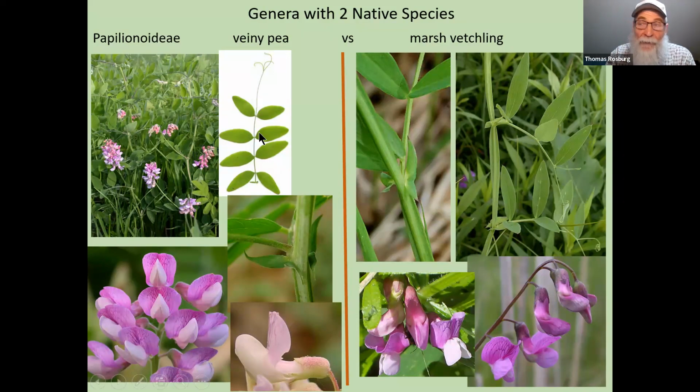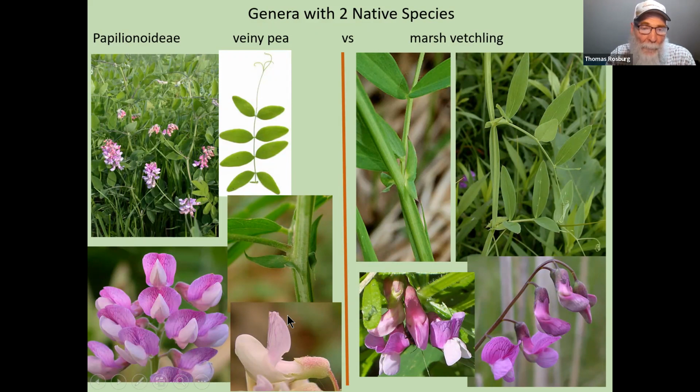Usually veiny pea has 8 to 14 leaflets, where over here in marsh vetchling, there's mostly 6 leaflets. And then the inflorescences over here, the way the flowers are arranged. In veiny pea, the inflorescences are these pretty dense racemes that can have 8 to 20 flowers in them. You can see them right here, some of them right here. Where over here in marsh vetchling, here's a raceme right here. They're much more open and only have 2 to 6 flowers.